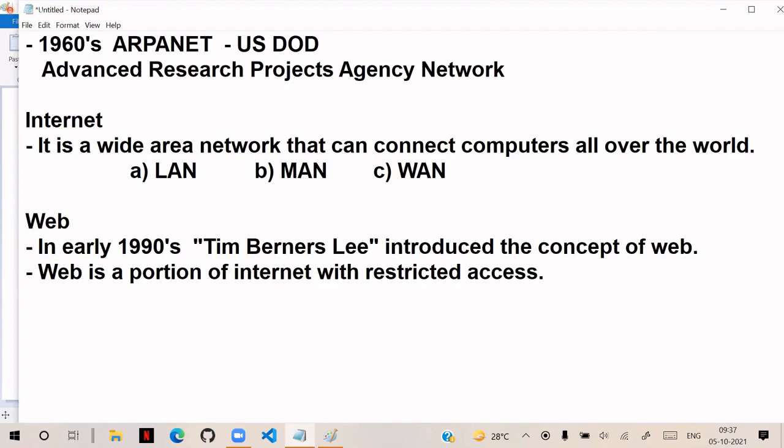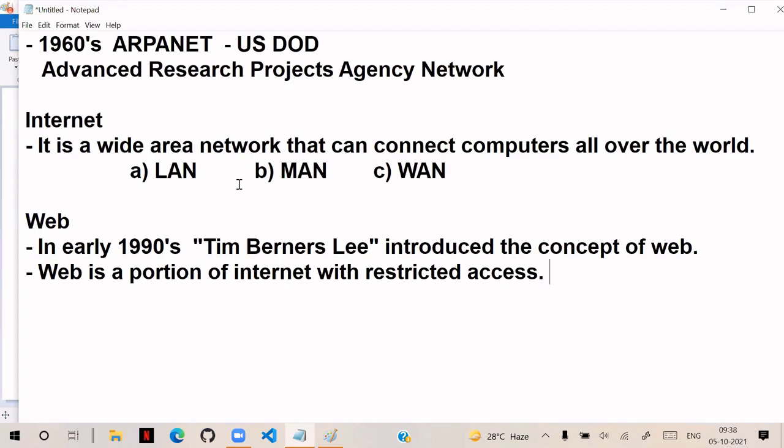Web is a portion of internet with restricted access. I will explain this point. Actually, internet and web are different terms. Generally, people think internet means web, that web and internet are the same. No, web and internet are not the same. Web is different, internet is different. Actually, web is a part of internet.